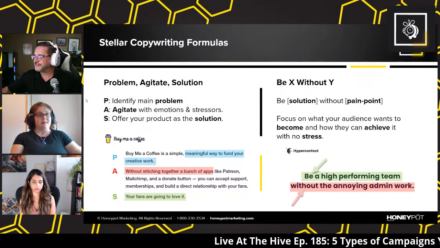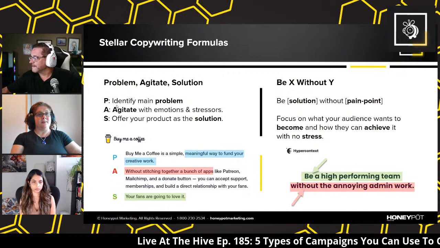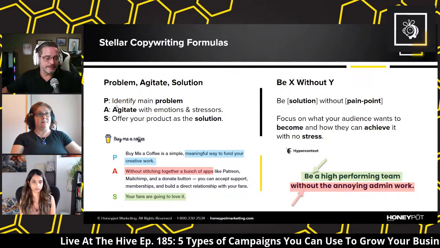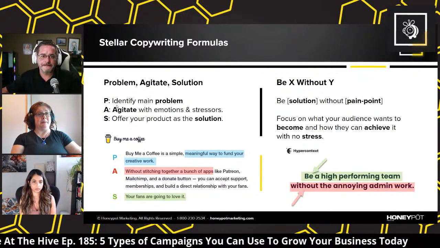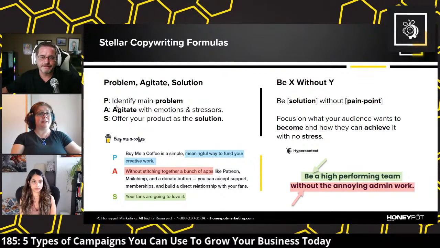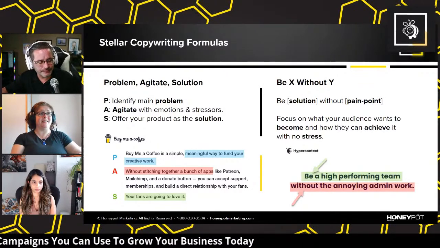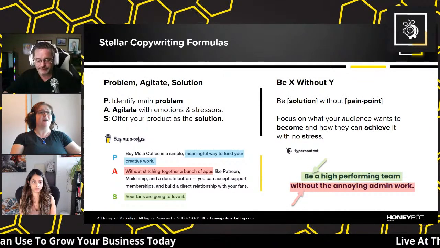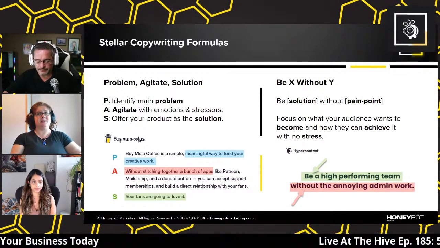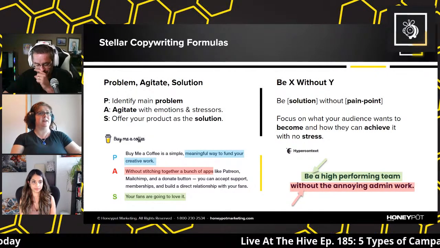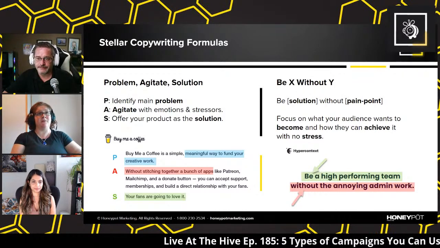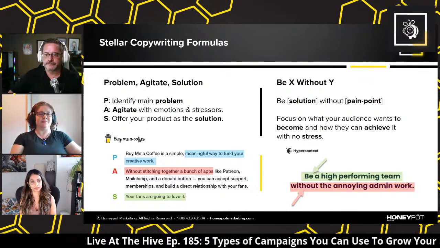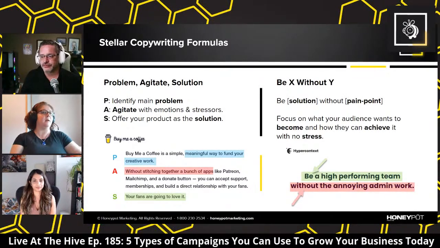Yeah, and I think one piece that's often missed is actually pointing out what the problem is. Everybody's so quick to get to the solution, they forget that you need to remind Stacy that she needs a new furnace because it's making a weird noise. Versus just saying, buy a new furnace. Well, thanks, but why? Why do I need that?